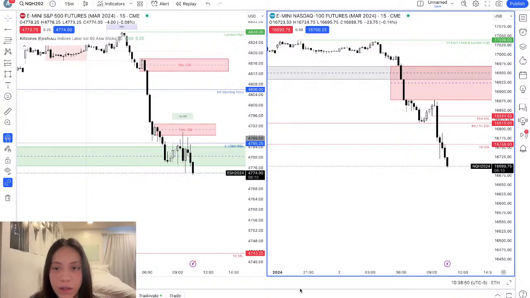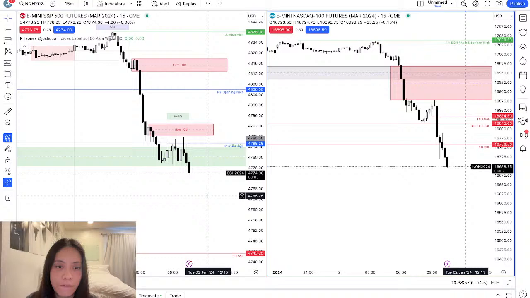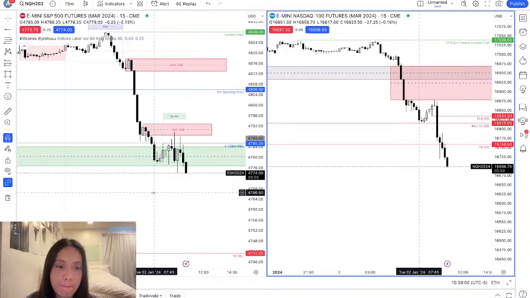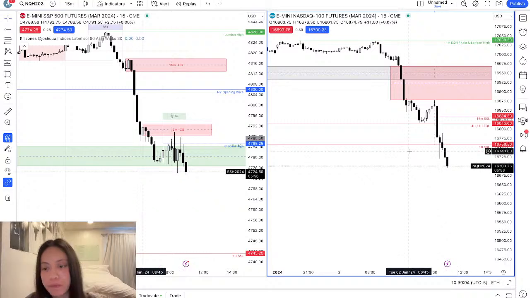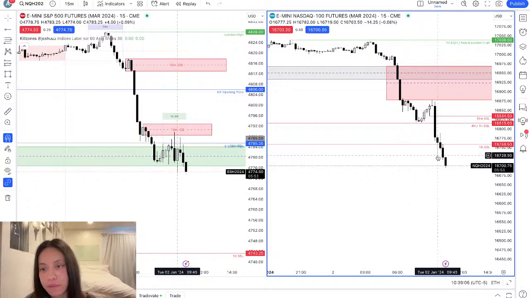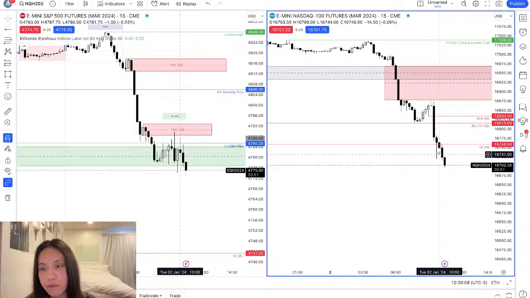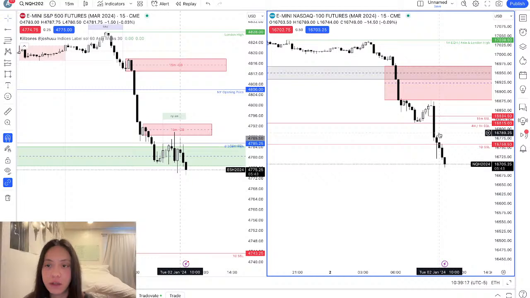Or is there one in the morning as well? Or is it maybe this one here, that drop down and then the return here on the 15-minute?